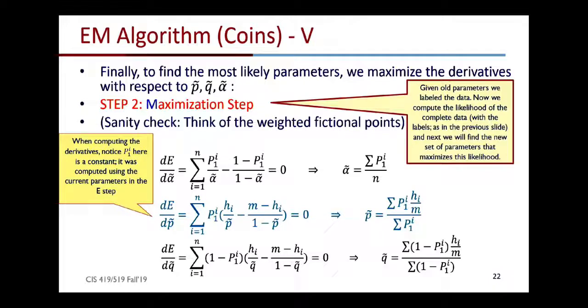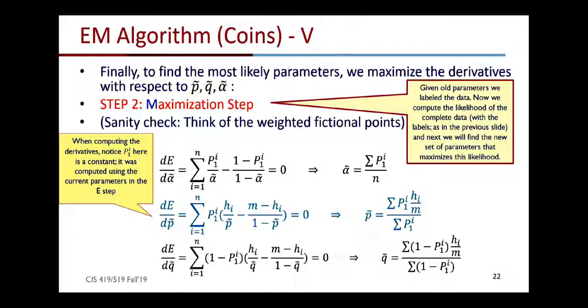And let me summarize. Okay, so two summarizations. So one is, what is the algorithm doing? Given the old parameters that we started with, we label the data. What does it mean we label the data? We compute the P1i. That's the label. P1i and 1 minus P1i. Now that we have that, we computed the likelihood of the data and used it to find the new set of parameters.